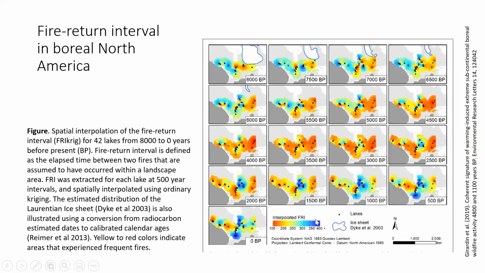But we can see here a change from somewhat less frequent fires towards more frequent fires, let's say between 5,000 and 2,000 or 3,000 years ago, and then a decrease in fire return interval and a decrease in the number of fires interpolated from these sites.